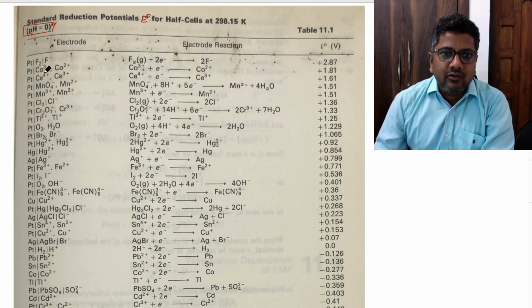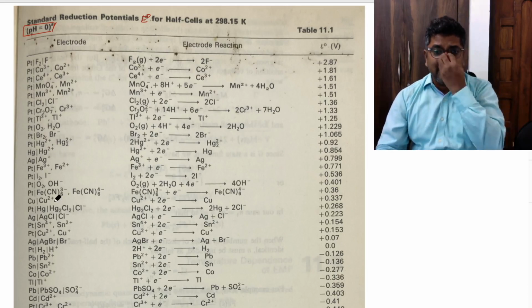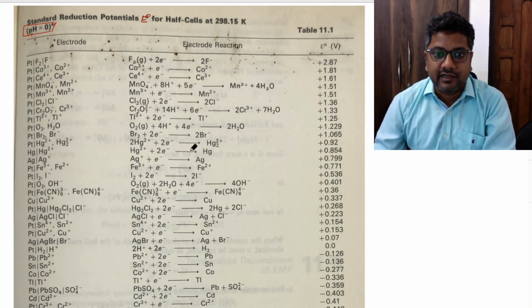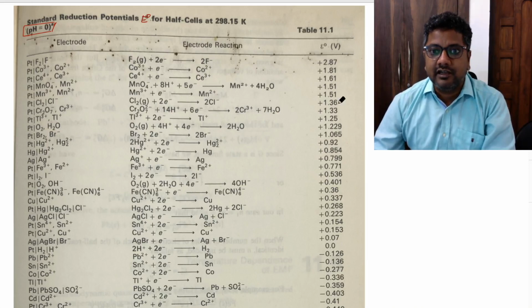Now see, cobalt 3 plus to cobalt 2 plus, this is the redox electrode, as I have already told you. So platinum, and here mercury and platinum wire is immersed in this. So this is the very accurate terminology. This is the electrode reaction, and this is the E naught value.